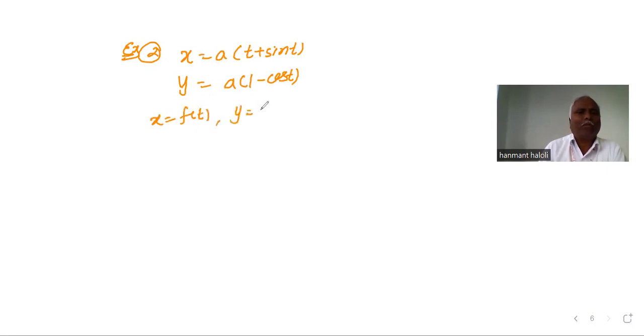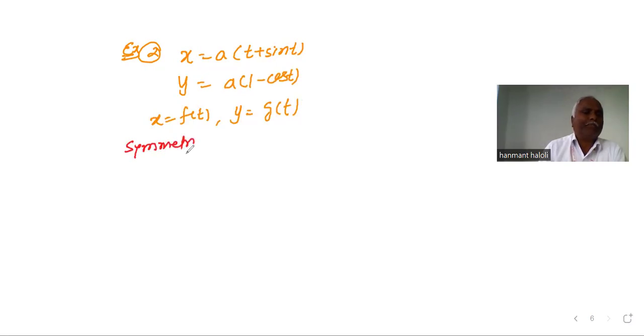Example number 2. x equal to a into t minus sin t, y equal to a into 1 minus cos t. In such cases, x is equal to f of t, y equal to g of t, where f of t and g of t are two functions. Now you replace t by minus t and check the symmetry conditions.